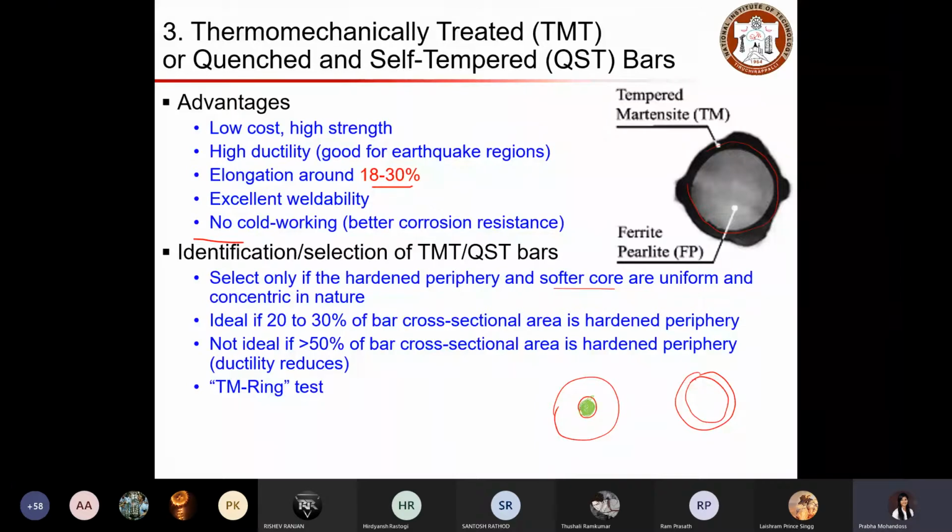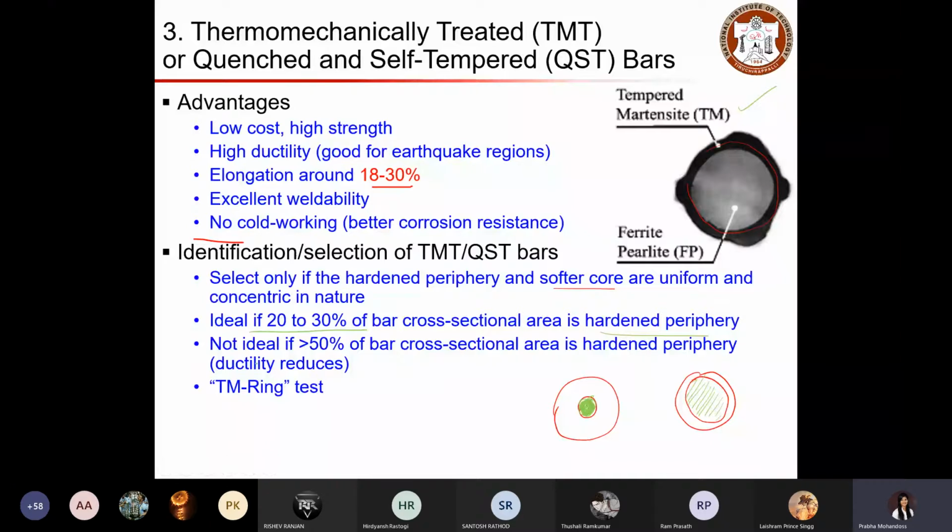Can it be something like this? No. The code has specified that ideally about 20 to 30% of the bar cross-sectional area should be the hardened periphery. That should be your TM phase, and the core region should be more than 50%.